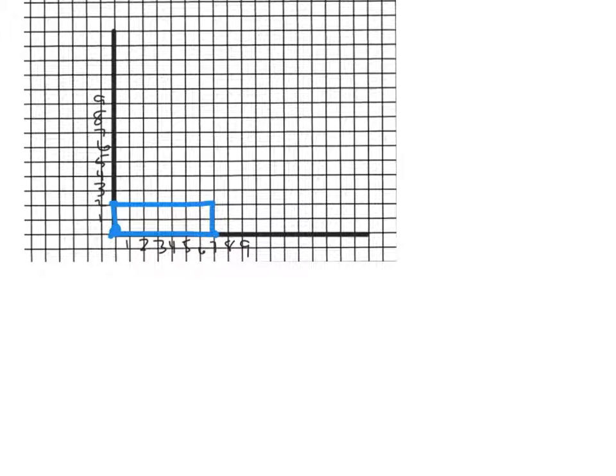So you need the length and the width to find the area of a rectangle. So what you have to do is count 1, 2, 3, 4, 5, 6, 7. This one is 1, 2. So to find the area of this, you would do area is equal to 7 times 2, which gives us 14 units squared.